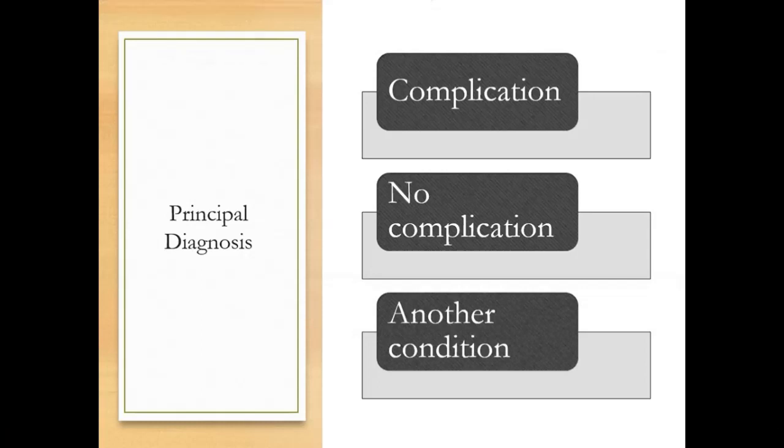If there is no complication or other condition documented as the reason for the admission, you're going to assign the outpatient surgery condition as the principal diagnosis, so the reason that they were having that outpatient surgery. And lastly, if the patient is admitted for a condition that's unrelated to the surgery, then you're going to assign the unrelated condition as principal. You always want to remember that codes paint the picture of the care that is provided, and we want the insurance company to know why that patient was admitted.